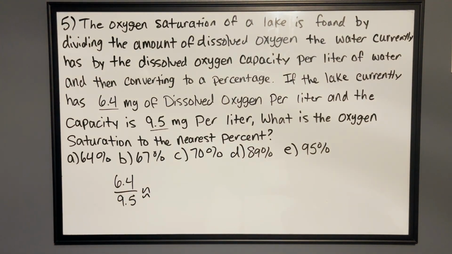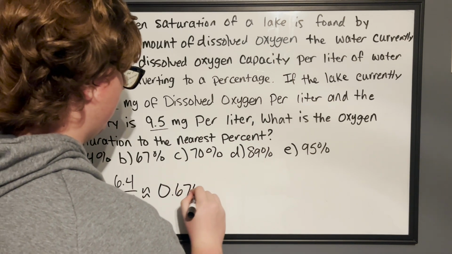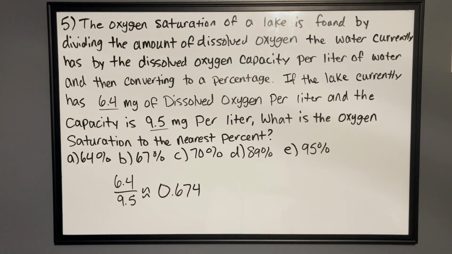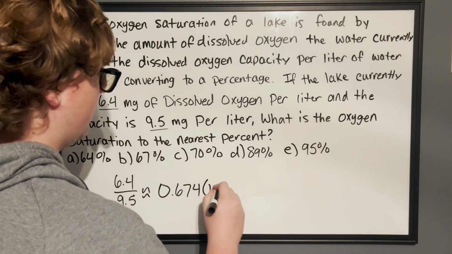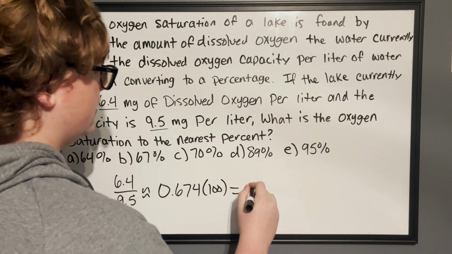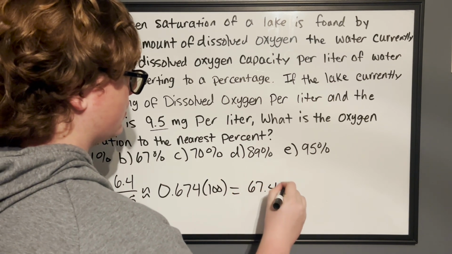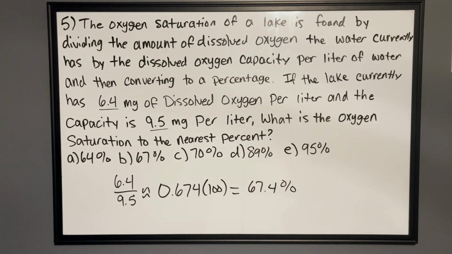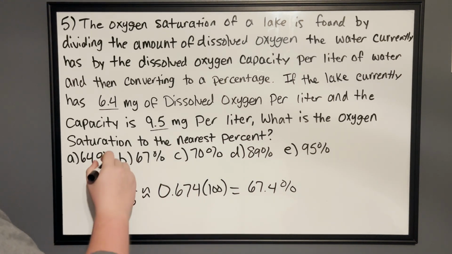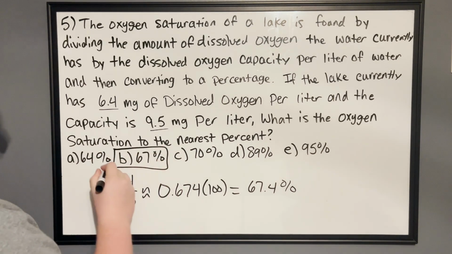And when you do this, you roughly get 0.674. So now that we have this, to convert it to a percentage, all we have to do is multiply by 100. So let's multiply this by 100. This is equal to 67.4%. And it says to the nearest percentage, and the nearest percentage is 67%. So our answer to this question is going to be B, 67%.